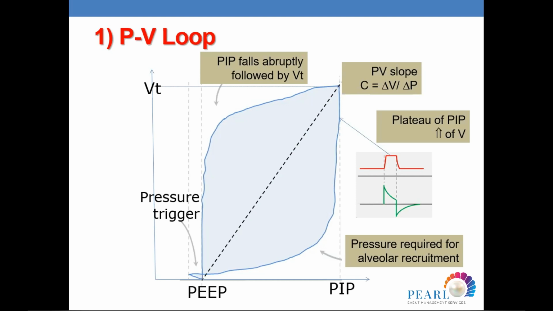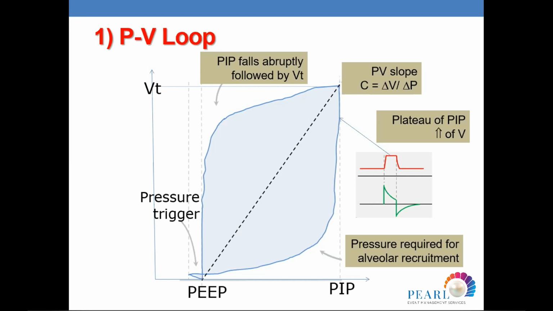This is called the opening pressure. And this is really helpful later on, let's say, to increase the PEEP. Maybe this patient has a long time for the opening pressure, so I need to increase the PEEP to make it shorter. This is really helpful. And then it should go back in the expiration.